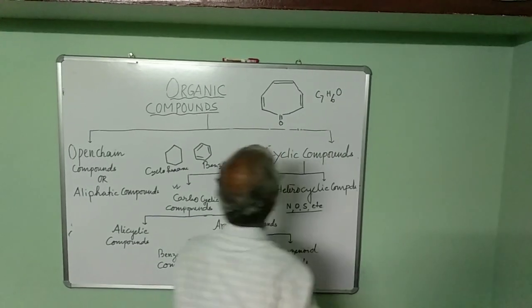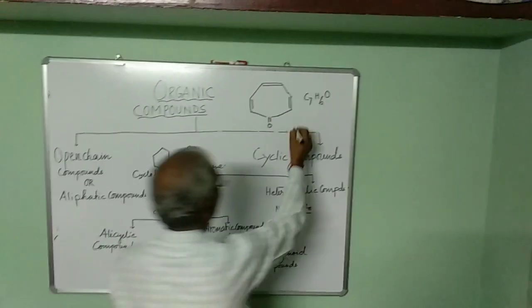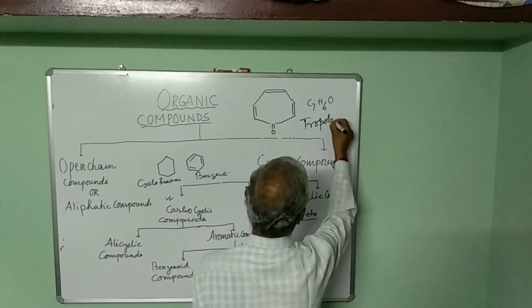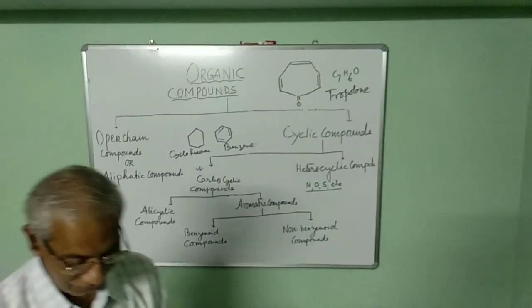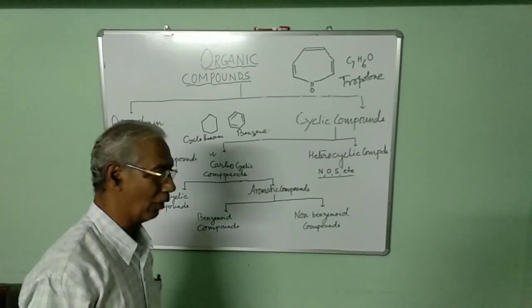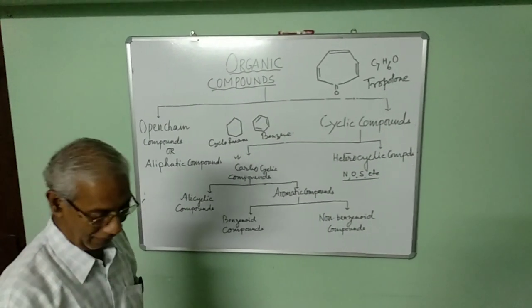Then oxygen. It is tropolone. So this is the example of non-benzenoid compounds. You will not get the benzene ring, it means.